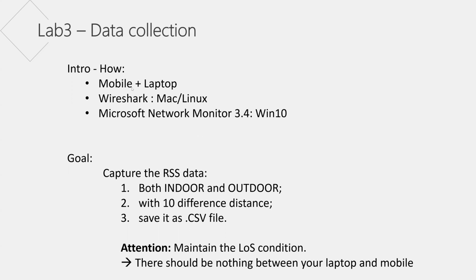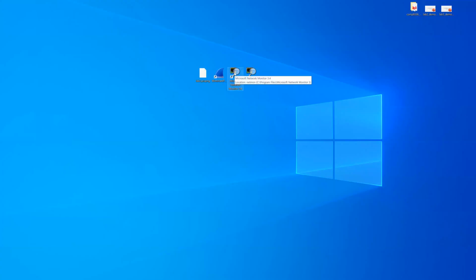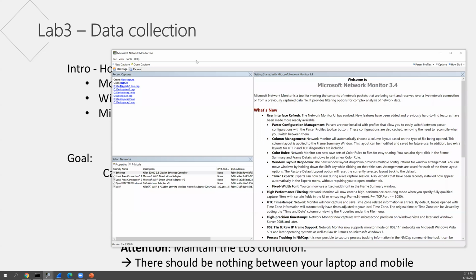So I suggest you to borrow or use a laptop to do the collection. And for the Mac and Linux environments, we are going to use Wireshark to help us to do the data collection. And for the Windows 10, we are going to use the network monitor, which is this one, do the collection.